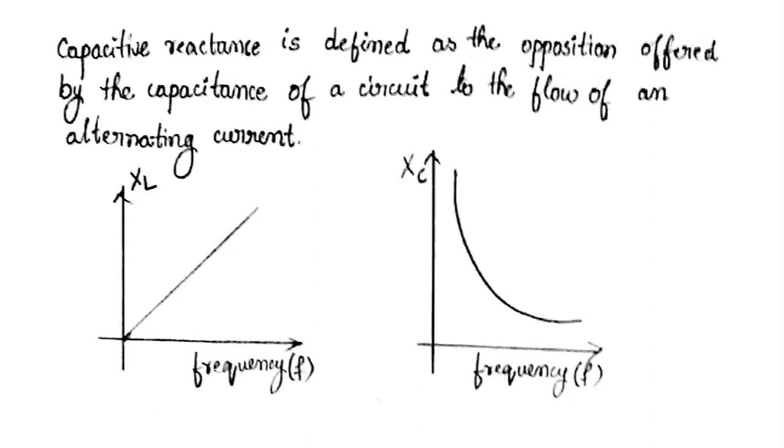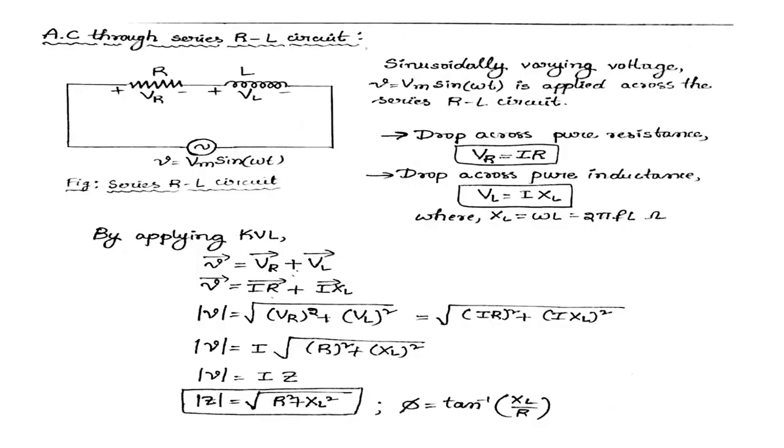This is the graph of frequency versus inductive reactance and capacitive reactance. Inductive reactance is a straight line, while capacitive reactance versus frequency is parabola-like in shape.